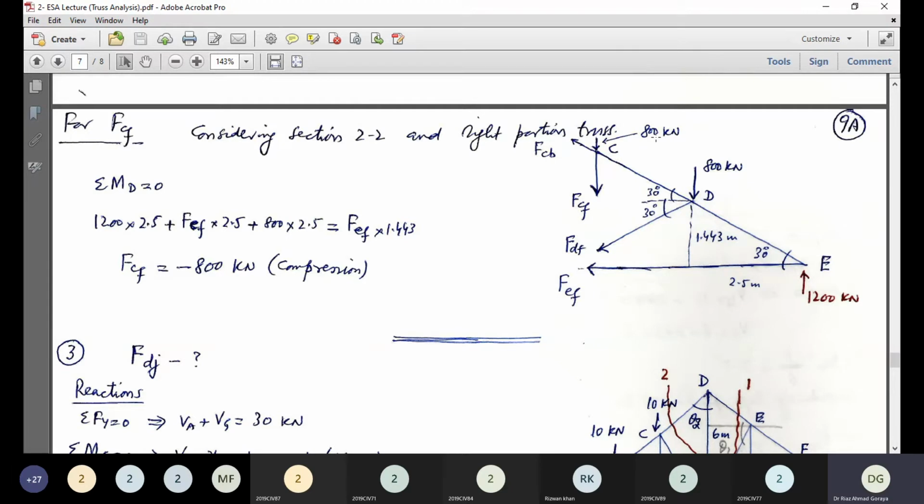Then this load 800 kilonewton into 2.5 equal to FEF into 1.443. This will give us FCF as minus 800 kilonewton, that is compression.